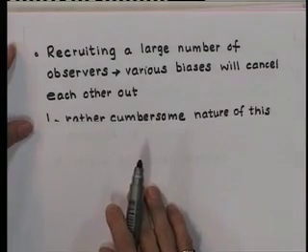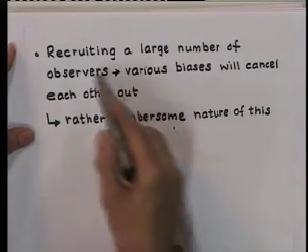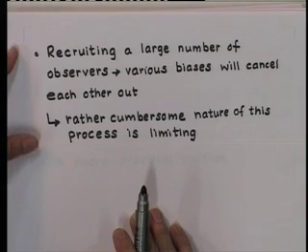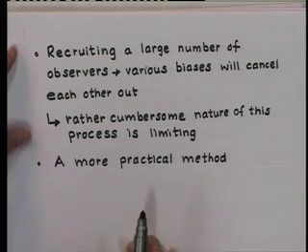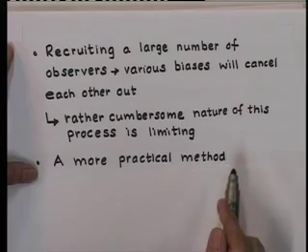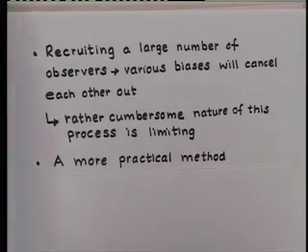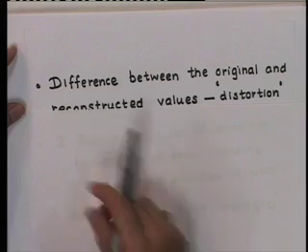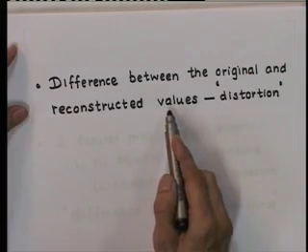However, the rather cumbersome nature of this process is limiting, and therefore, we generally need a more practical method for looking at how close the reconstructed signal is to the original. A natural thing to do when looking at the fidelity of the reconstructed sequence is to look at the difference between the original and reconstructed values.